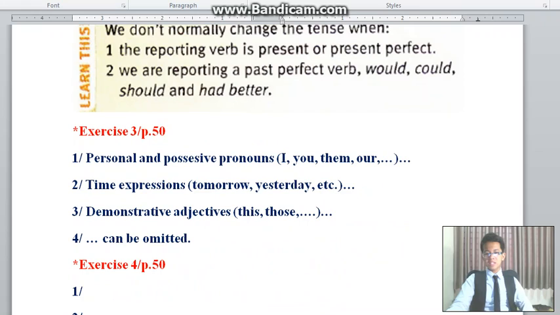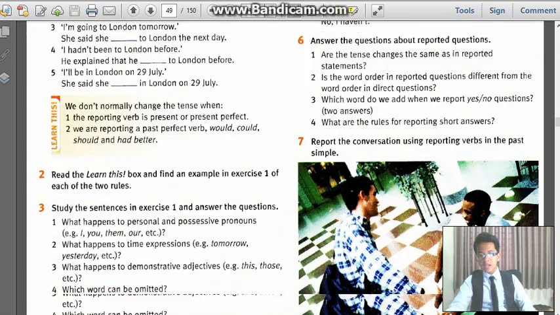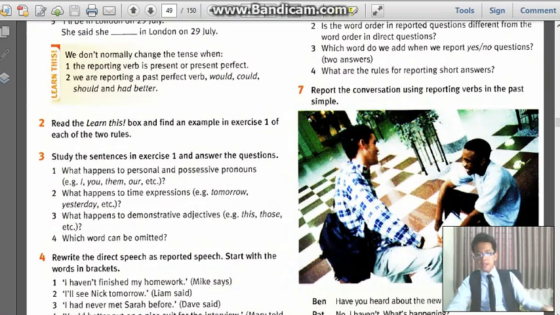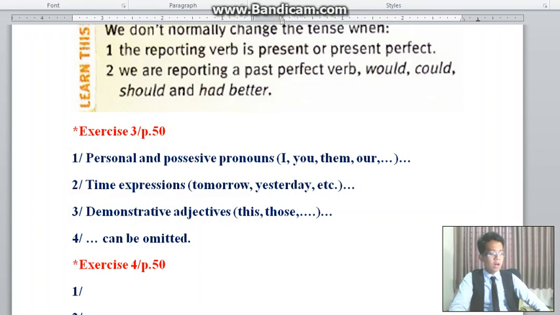So exercise number 3 on page number 50. Study the sentences in exercise number 1 and answer these questions. What happens to the personal and possessive pronouns, like I, you, them, our? You can use your book to compare with me.